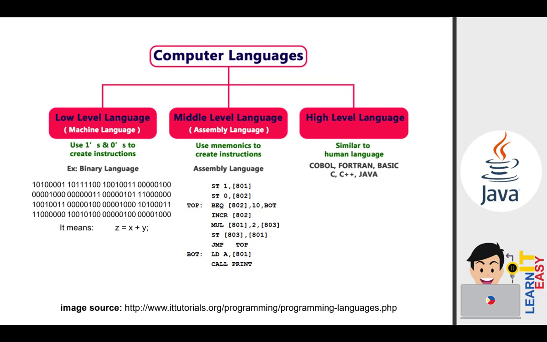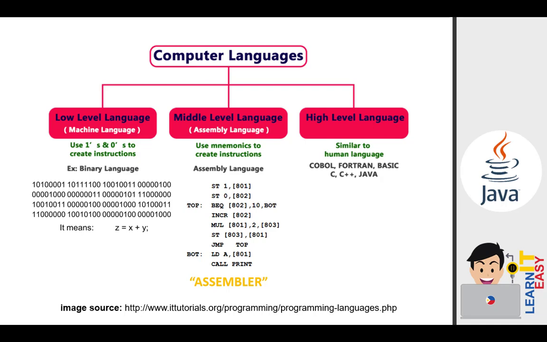We need a software that will translate these mnemonics, this one, into binary, and we call this software as assembler. The assembler is a special type of software that translates our assembly code into binary code in order for the machine to understand and execute the instructions written in assembly language.